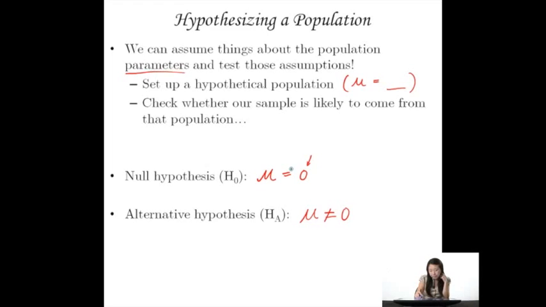Vice versa. Now, these two hypotheses together are more powerful than just having one hypothesis alone, and we'll talk a little bit about why. It goes back to that idea of the test of significance.